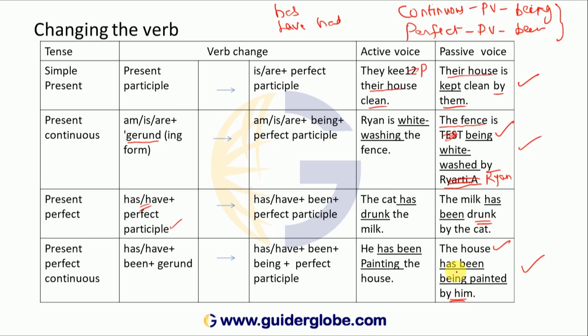So you treat it like this. Bring been also, being also. This table, how many times you have to refer. It will give you a clear idea for you to answer questions in any competitive exam. One solid example is sufficient for you to solve many questions in the examination.